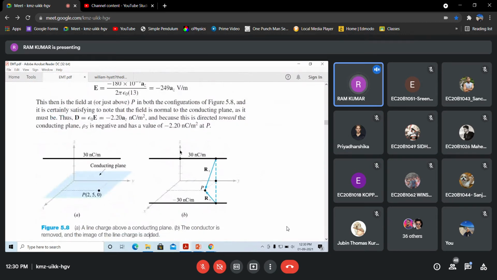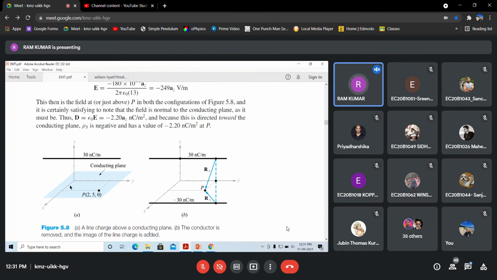Now you can get the picture. See, this is a conducting plane. The line charge is located at x equals 0, z equals 3. So 1, 2, 3. This is a line charge, 13 nanocoulomb per meter. Now we have to find the surface charge density at this point (2, 5, 0). Just imagine a three-dimensional view.